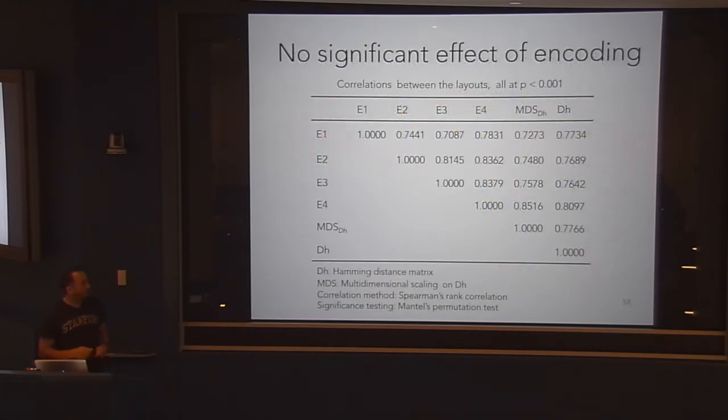And to verify what we see visually, we computed pairwise rank correlations between those layouts, and they are very highly correlated. The result, at least in this case, is that the numerical encoding really does not matter.